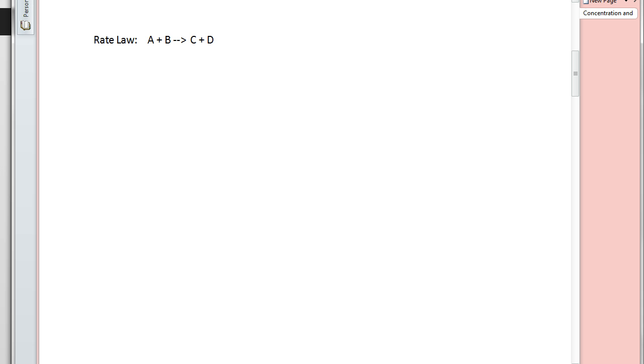Now, a rate law takes the form of this. We say that rate is equal to K multiplied by the concentration of one of the reactants. We'll raise it to a power called M, multiplied by the concentration of another reactant raised to the power of N. Okay.